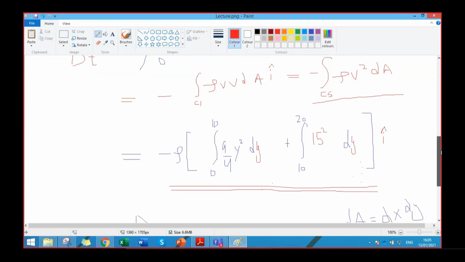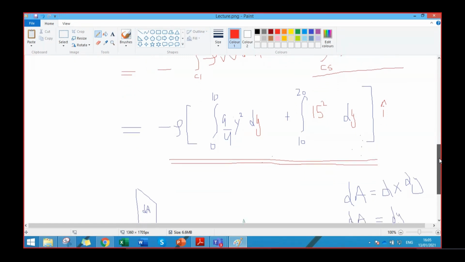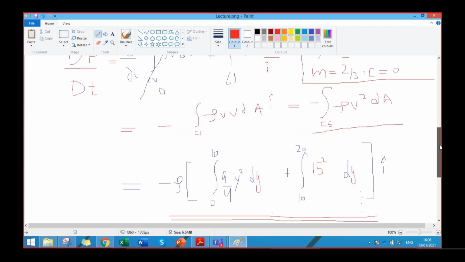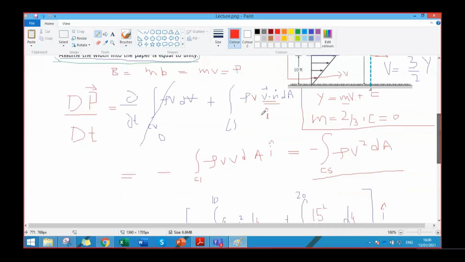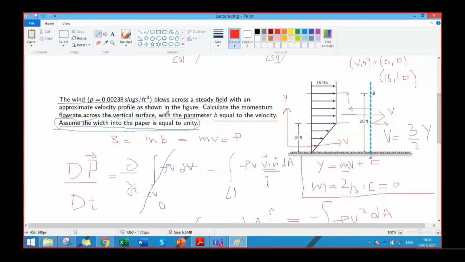Yes, sir. And what would be the unit of this? Unit of the result? Momentum is mass times velocity, right? So the units of the problem are in English system, so you need to answer in English system. Mass is slug and velocity is feet per second.